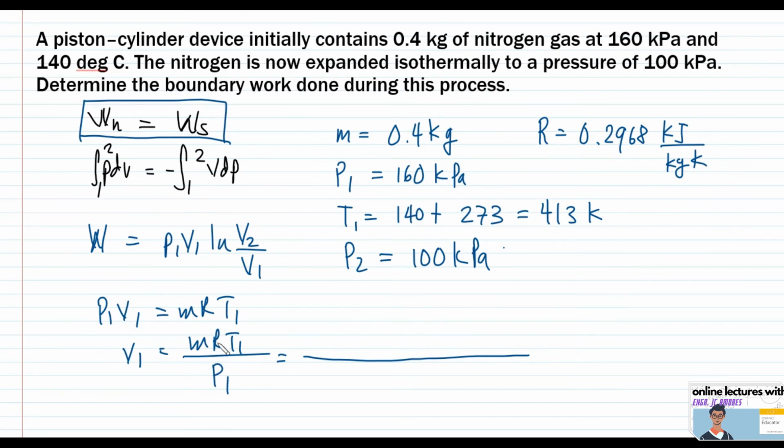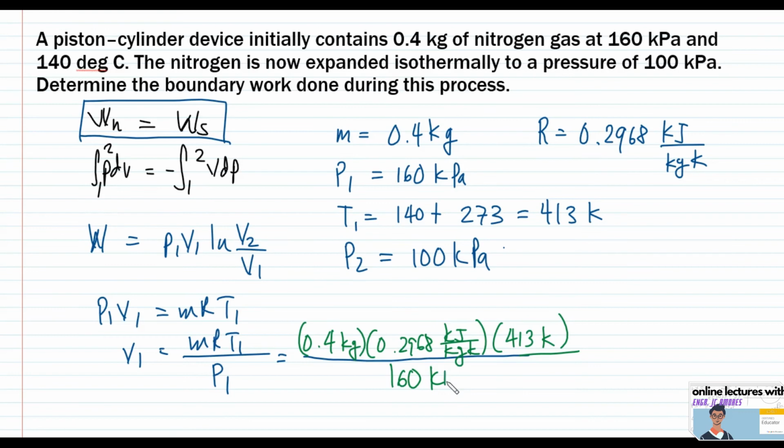So let's input the given. We have mass is equal to 0.4 kilograms, and then R is 0.2968 kilojoule per kilogram Kelvin times T sub 1, 413 Kelvin, and then over P sub 1, 160 kilopascals. Kilopascals is kilonewton per square meter. So your kilogram will cancel out, your Kelvin will cancel out, and kilojoule is kilonewton meter.